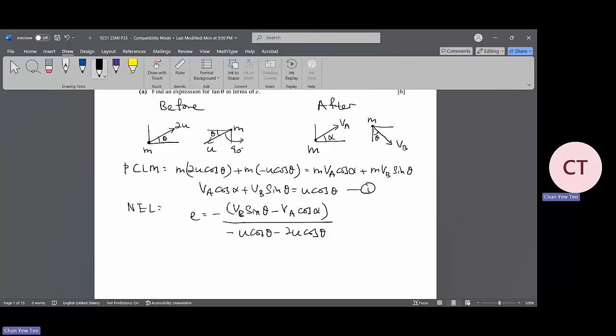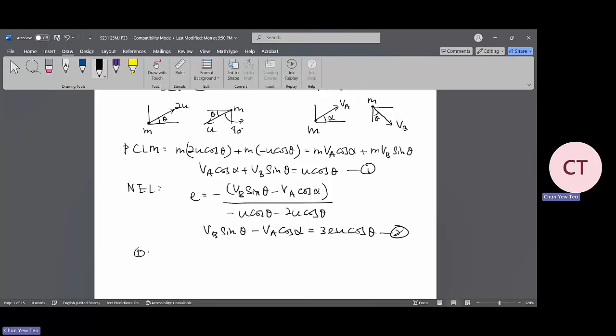Then cancel the negative, you get VB sin theta minus VA cos alpha equals 3eu cos theta. That will be my second equation.